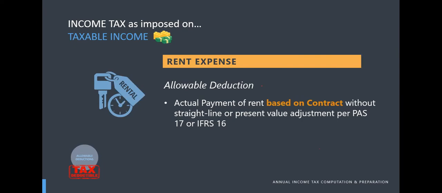So the actual expense that must be deducted is the 1.2 million, the actual payment of rentals, based on contract and not on the FS.